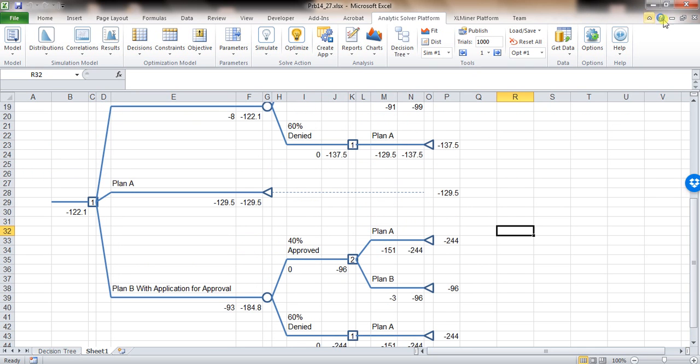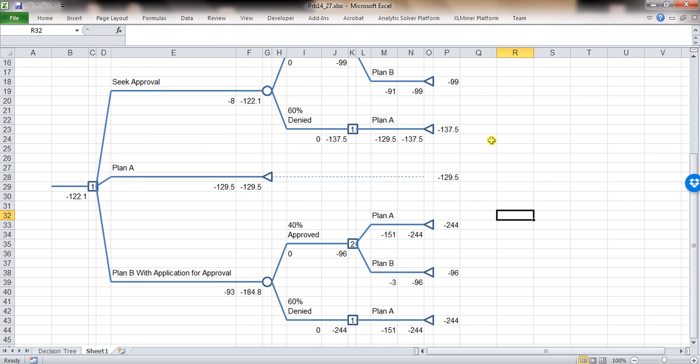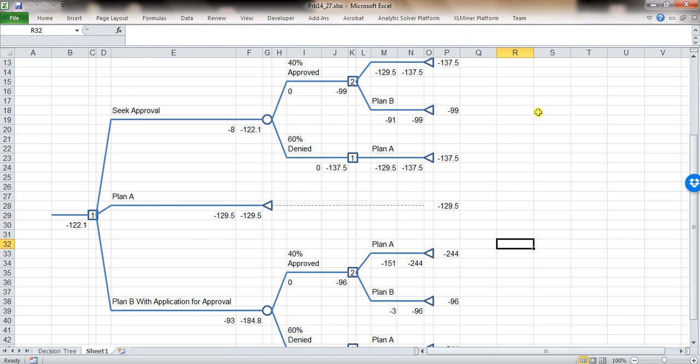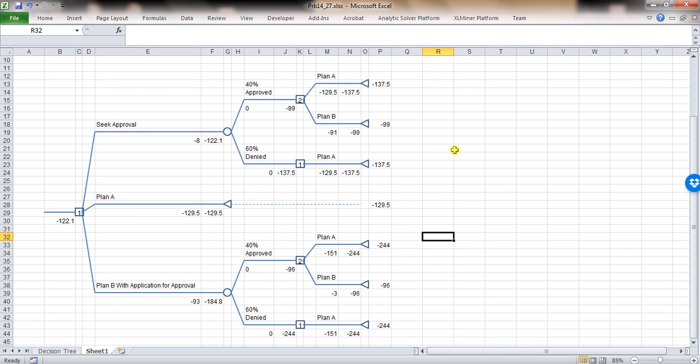So this is our decision tree. If we look at this value here, it says go with the first alternative, that is seek the approval. If you seek the approval, you have two events happening.